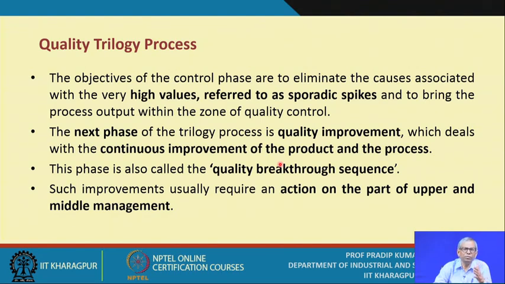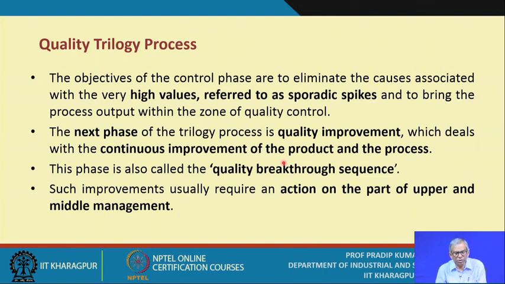As soon as you get the abnormal variation, you have to take the control measures, so that the causes are known and eliminated, and the process is brought back to control. Okay, so now once you can achieve this control system consistently, the next stage is to go for improving the quality level.